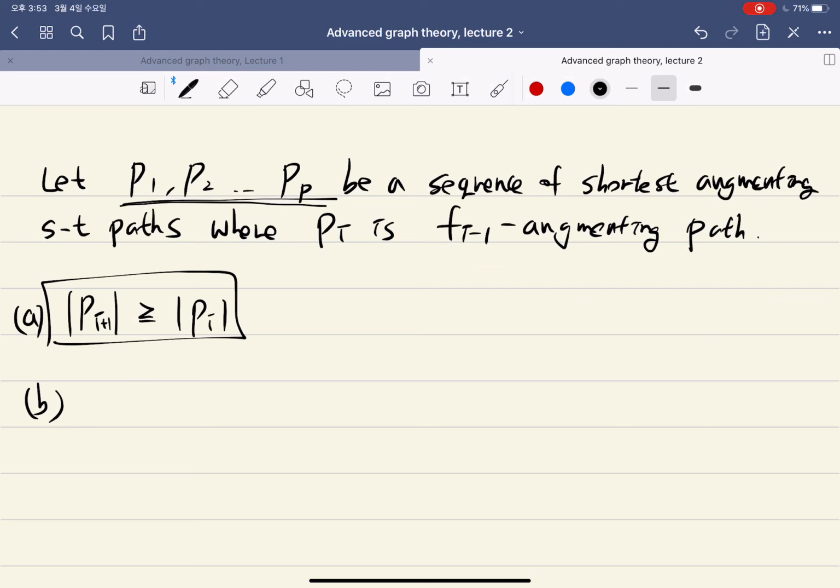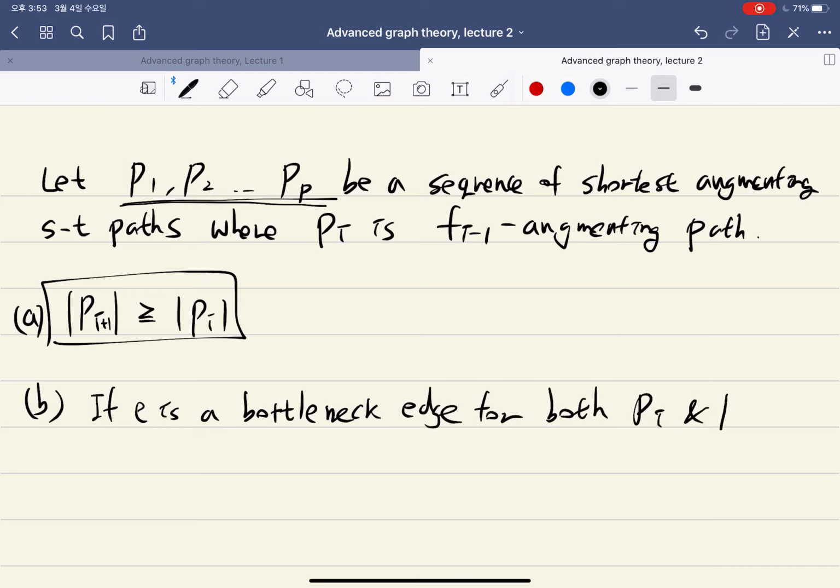The certain case is that we want to show that if E is a bottleneck edge for both Pi and Pj with j bigger than i, then we want to show that this is strict.